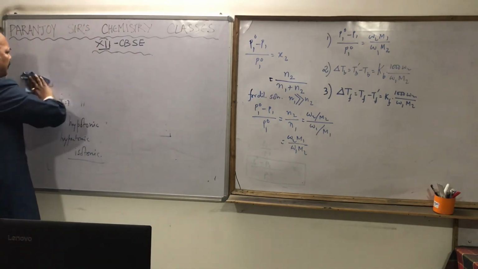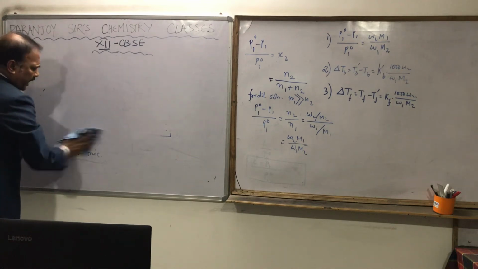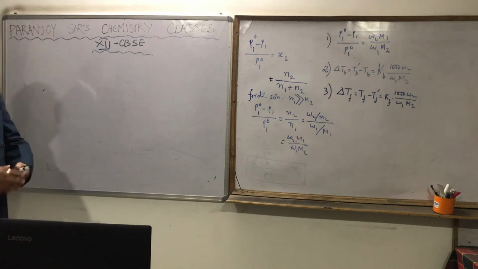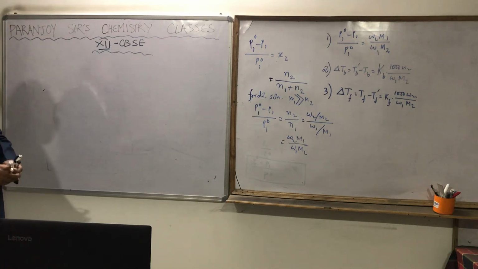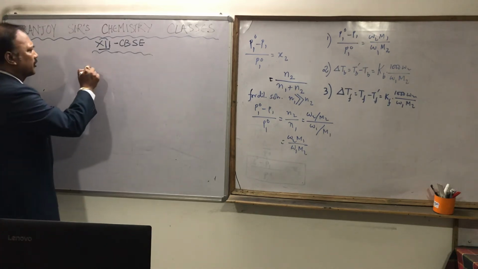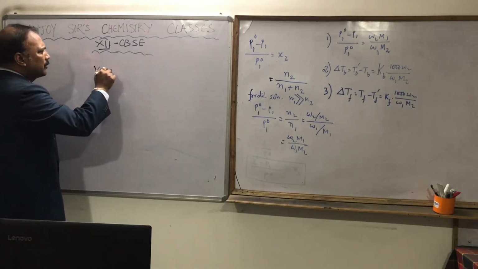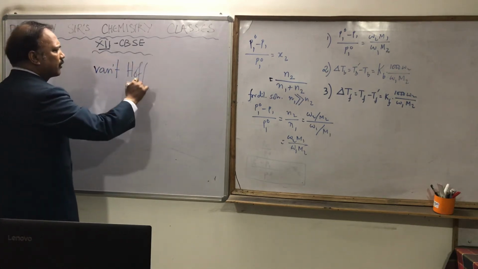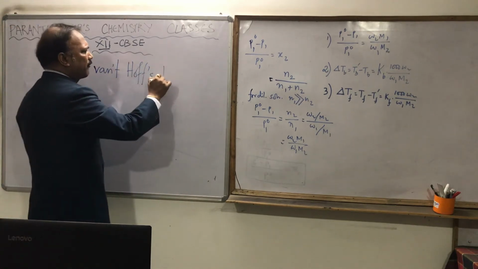Now next is the mathematical part of osmotic pressure, how the osmotic pressure depends. A lot of solutions were taken by a scientist called Van 't Hoff, and he did a lot of experiments with osmotic pressure. He measured the osmotic pressure of a lot of solutions, and finally came to the conclusion of two laws known as Van 't Hoff's laws of osmotic pressure.